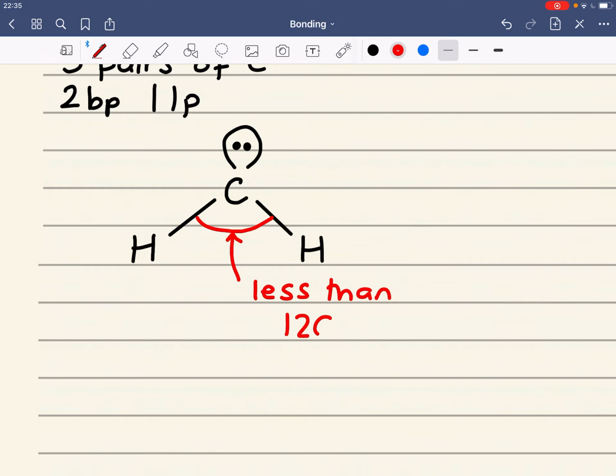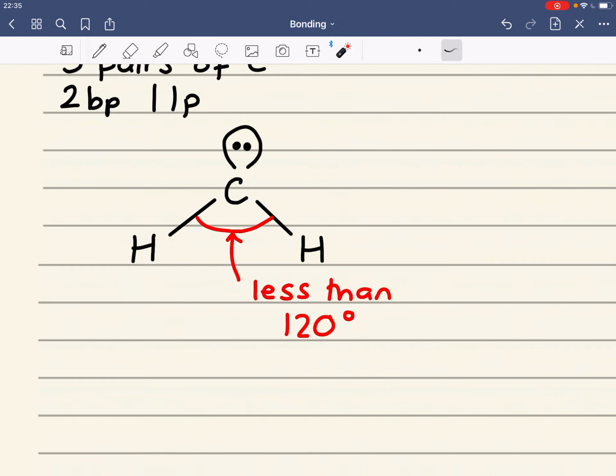120 degrees. Remember, if this was a bonding pair, it would be 120 degrees. Lone pair, bonding pair repulsion is greater, forces these bonding pairs closer together. The actual bond angle is quite a bit less than 120 degrees, but if you said something like 115, you would probably be okay.